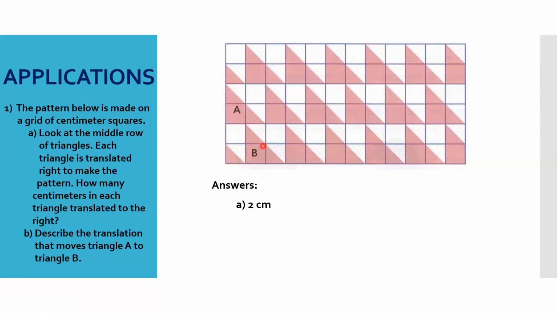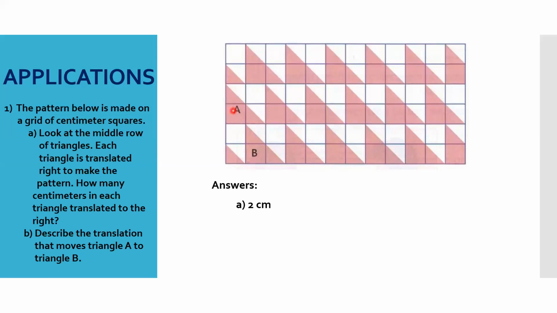See, you're moving this 1 centimeter part to here, so that this will come here. After that, you need to pull this 2 centimeters down. See, this 2 centimeters down, so that this will join up with this part, getting a triangle A.